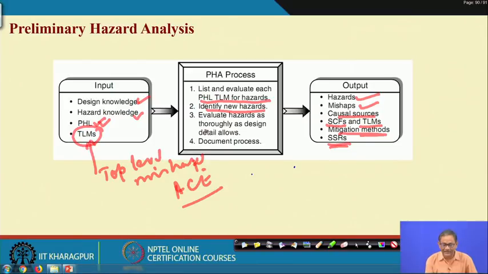Then evaluate hazards thoroughly as design details allow, and document the process. So, it is intertwined with PHL. The PHL process and PHA process are basically overlapped, but PHL will help you do PHA in a better manner. Sometimes we do not do PHL, and we do PHA starting from the first step of PHL to the end of PHA.